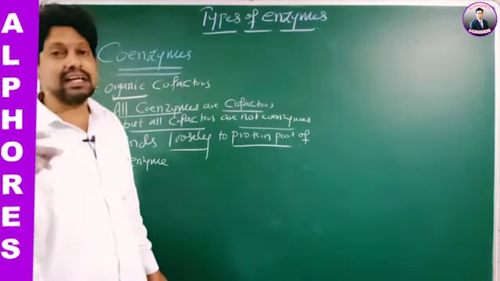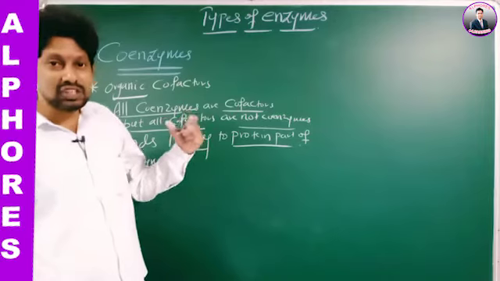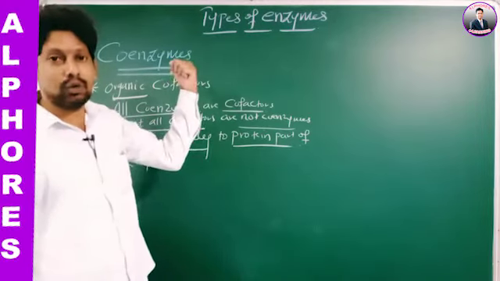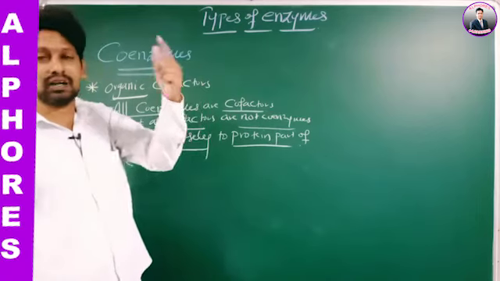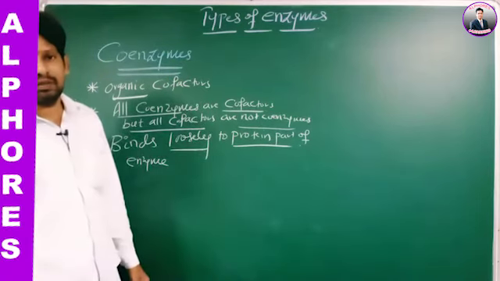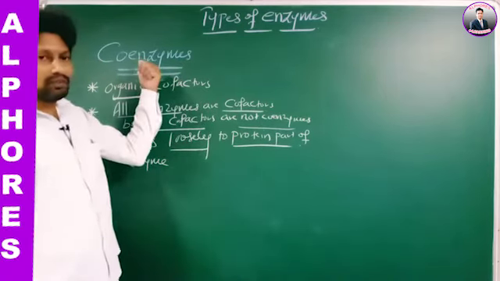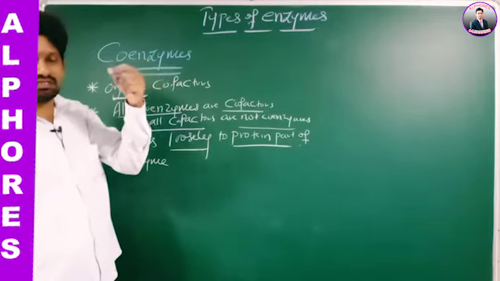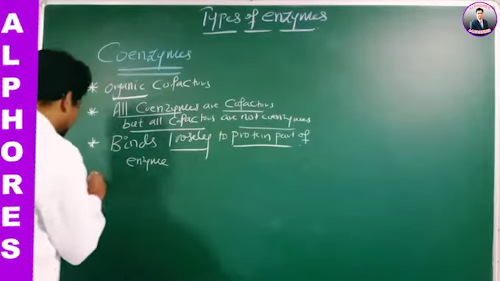Only during catalytic activity, when a conjugate enzyme wants to act like a catalyst, at that time the coenzyme binds to the protein part of the conjugate enzyme.